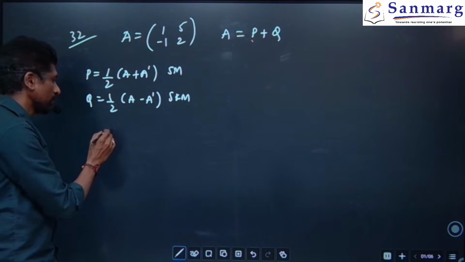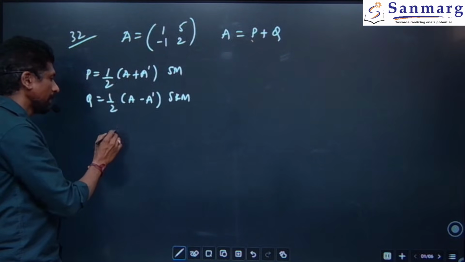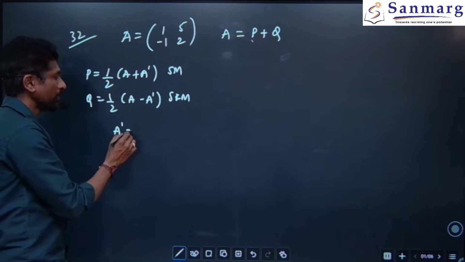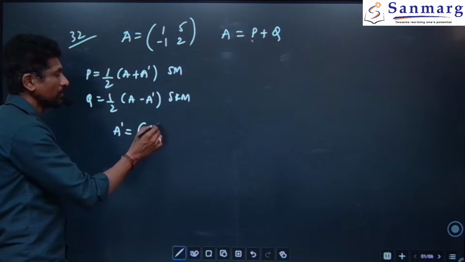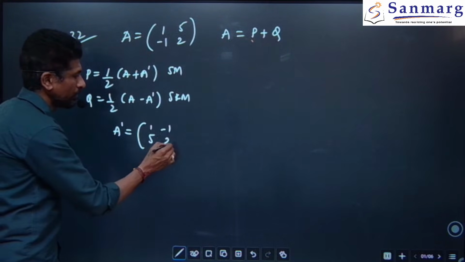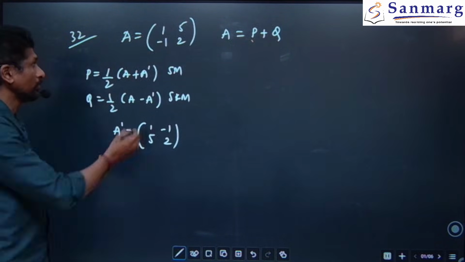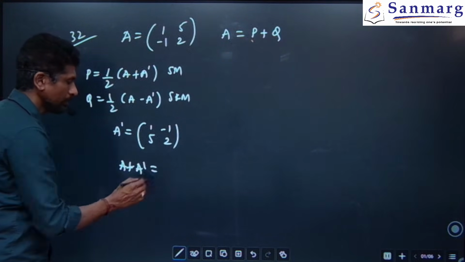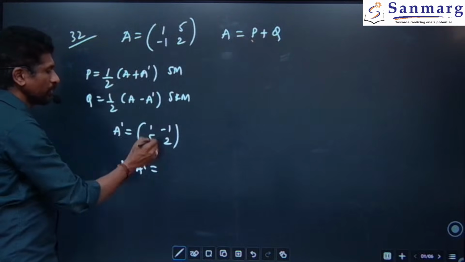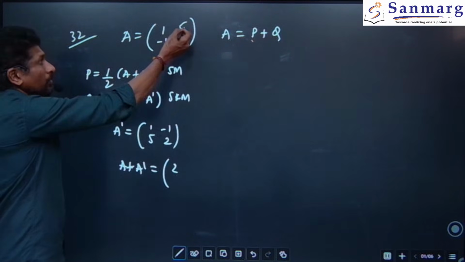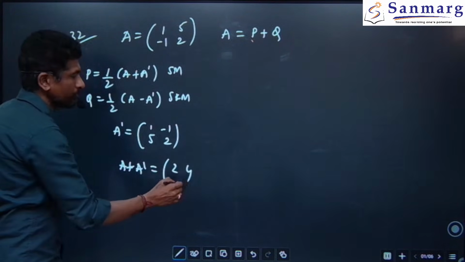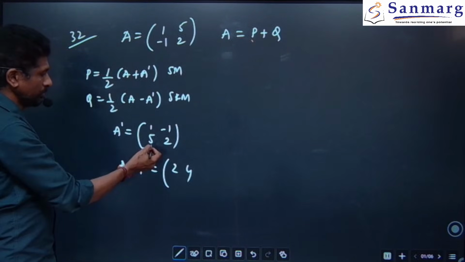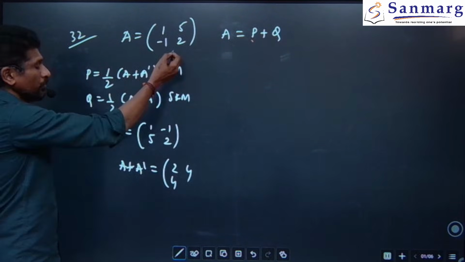So therefore first find out A plus A dash. A dash is nothing but the transpose of the matrix, 1 5, first row becomes first column, second row becomes second column. So A plus A dash becomes 1 plus 1 is 2, 5 minus 1 becomes 4, minus 1 plus 5 becomes again 4, 2 plus 2 is 4.